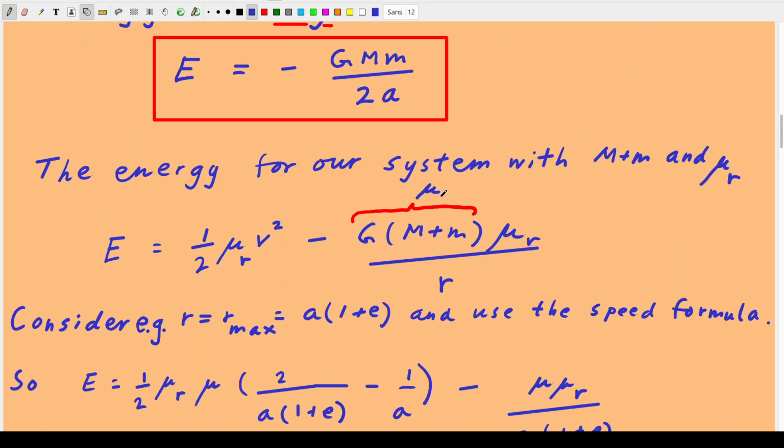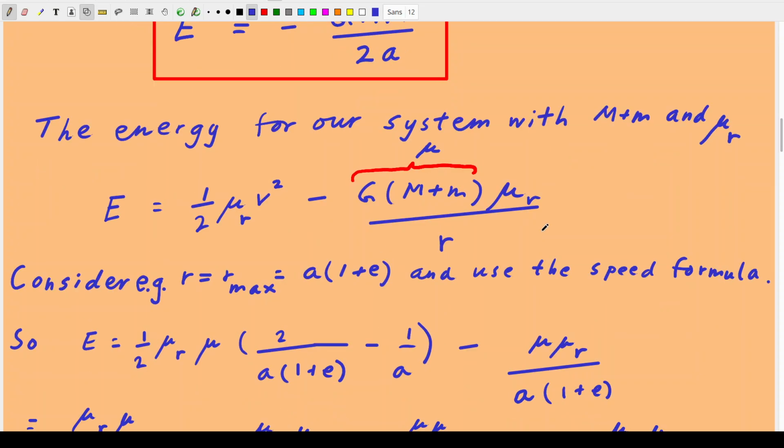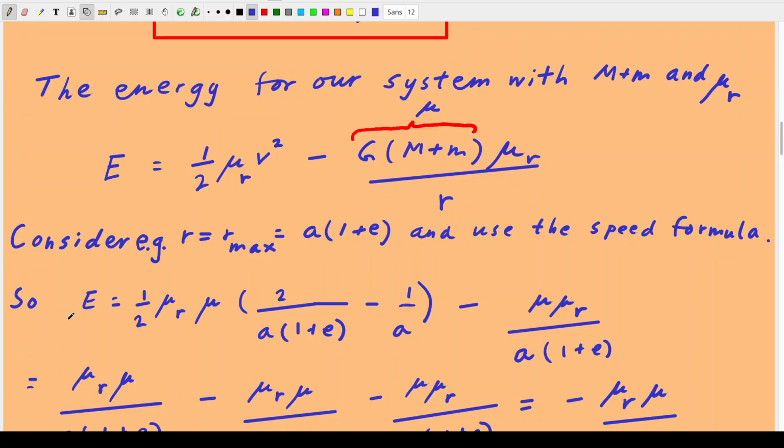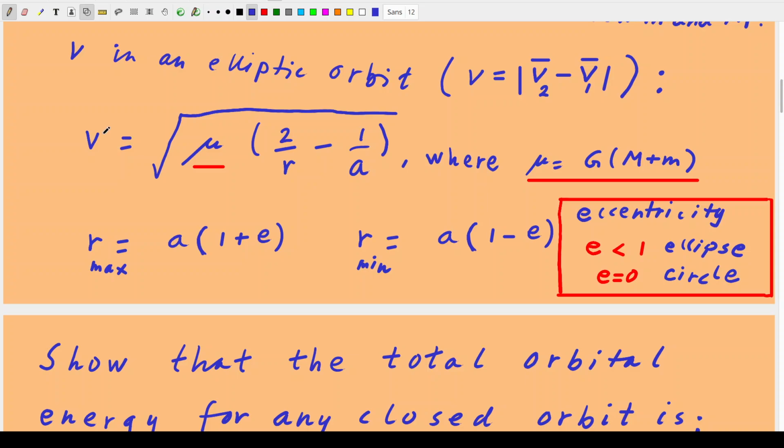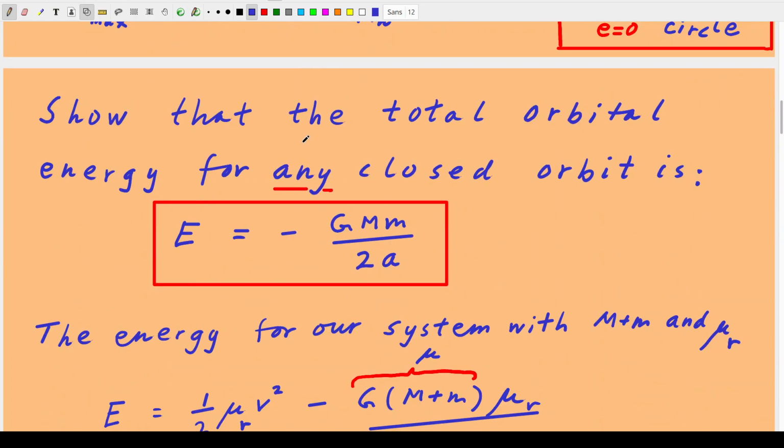And this we call μ, G times M plus m. So you now have this formula, 1/2 the reduced mass times v squared, and that I gave you here: v squared equals μ times 2 over r minus 1 over a.